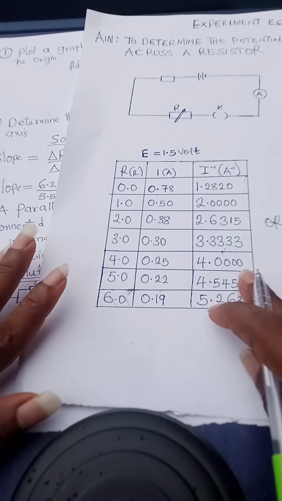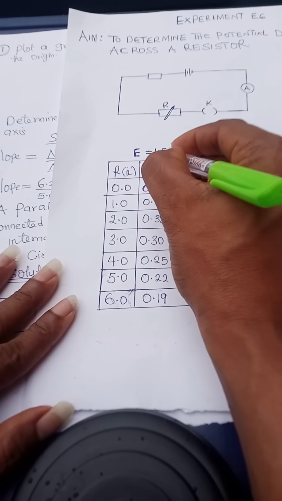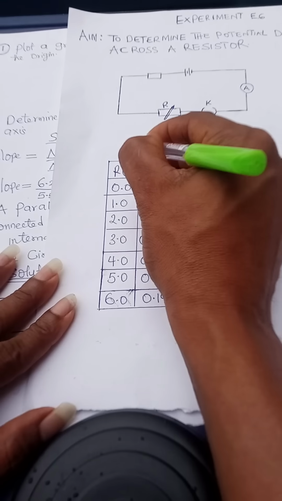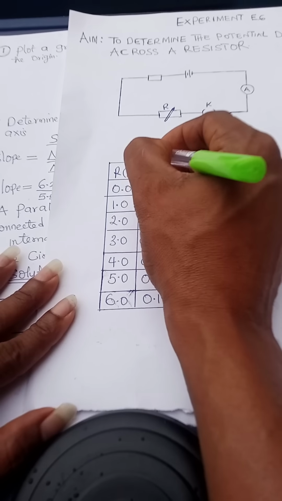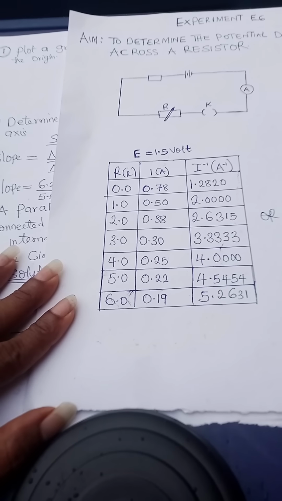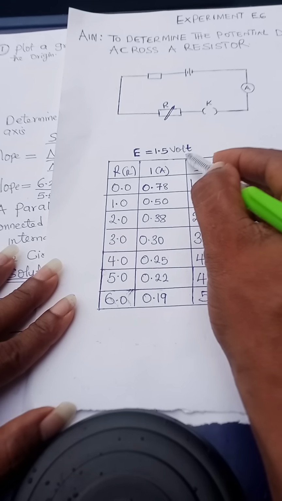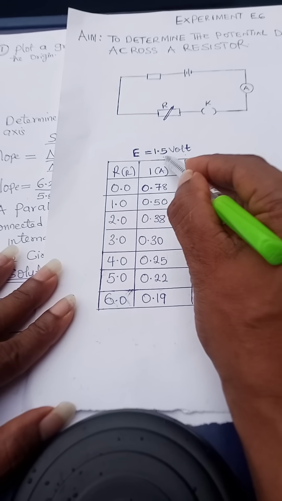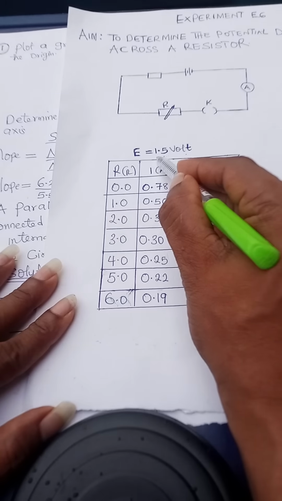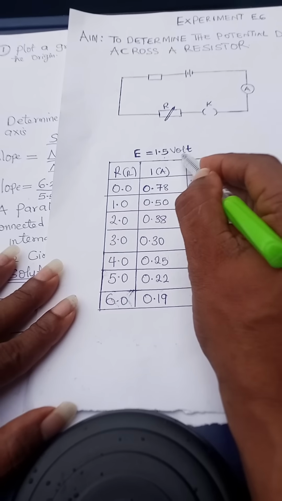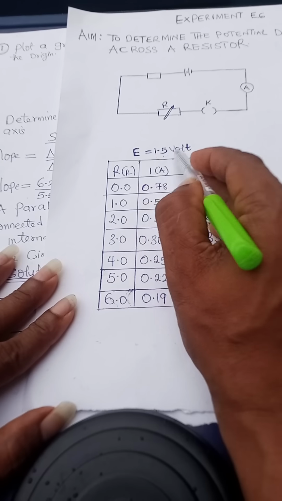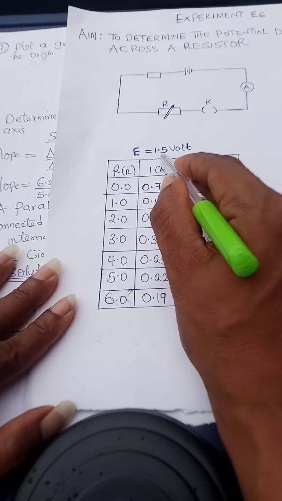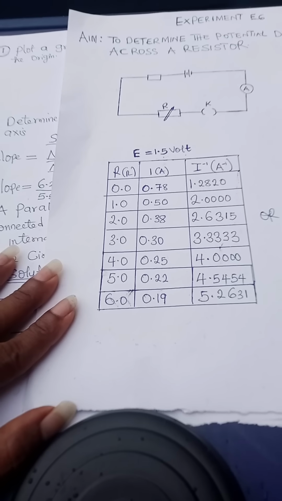Here is 1.5 volts. This is the EMF of the cell, which is equal to 1.5 volts. So this thing represents my slope. I must get any value that is very close to this 1.5. Anything I have as my EMF, the slope of the graph should be very close to this.